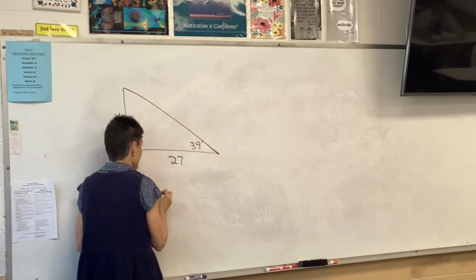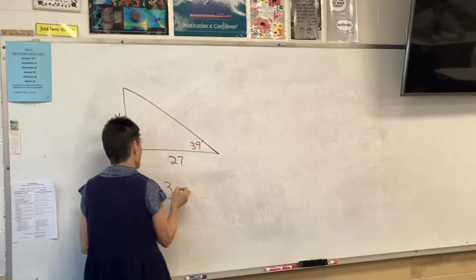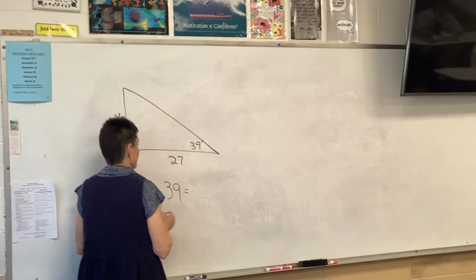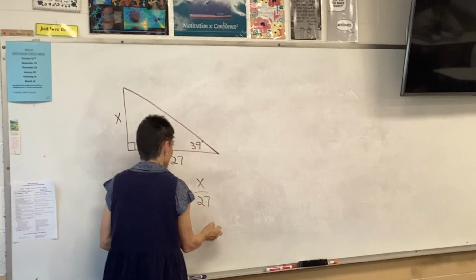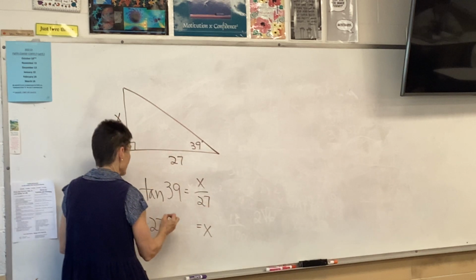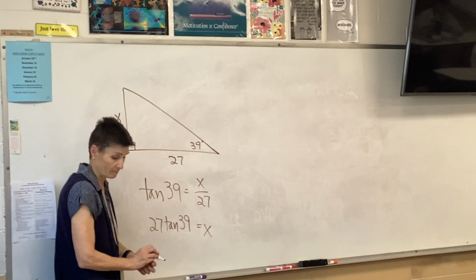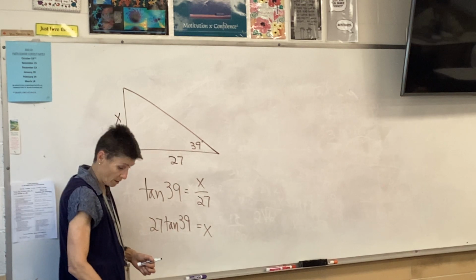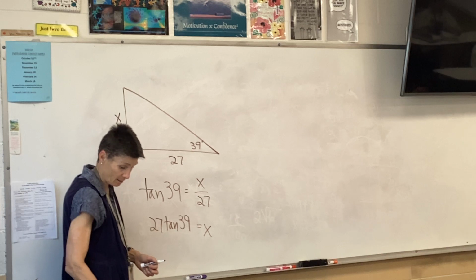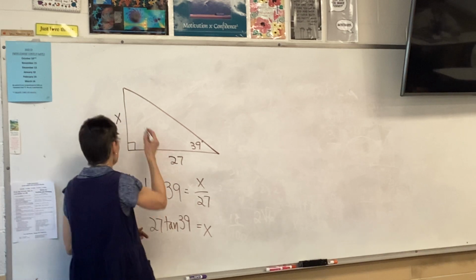What's the equation then? Tangent 39 equals X over 27. So X equals 27 tangent 39. That's 21.86 feet.